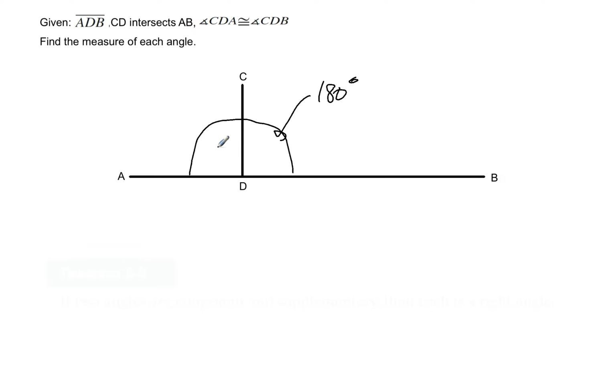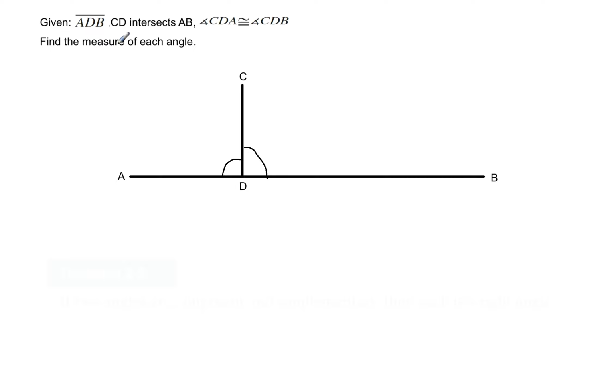They're telling us that CDA is congruent to CDB. So I'm going to indicate that. I want to show that CDA and CDB are congruent. So I'll do this. There's an arc and there's an arc. That's how we show that two angles are congruent to each other.